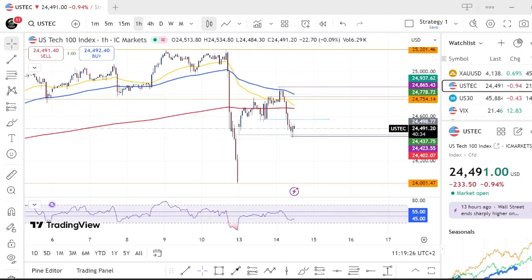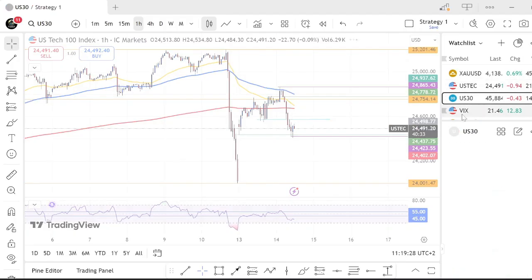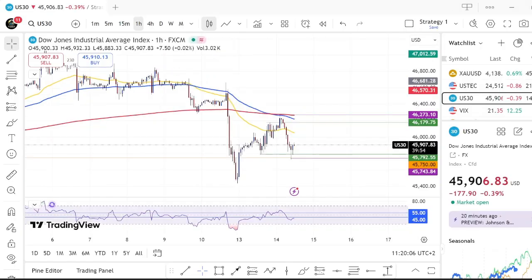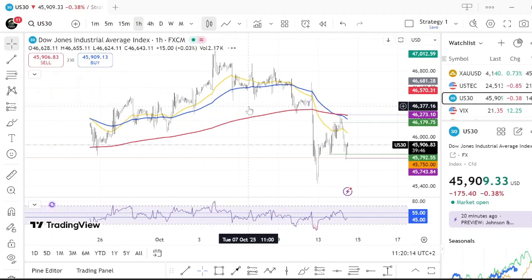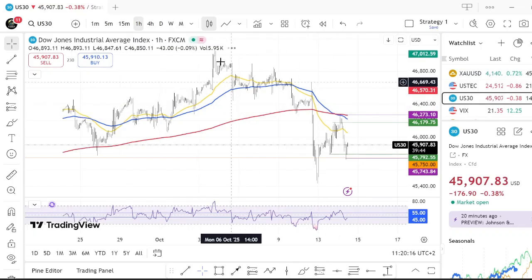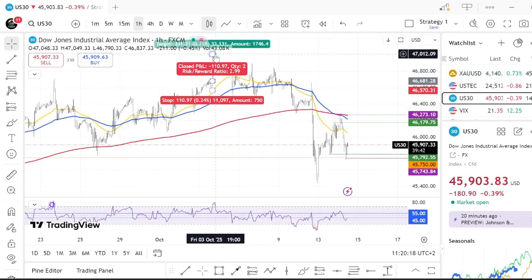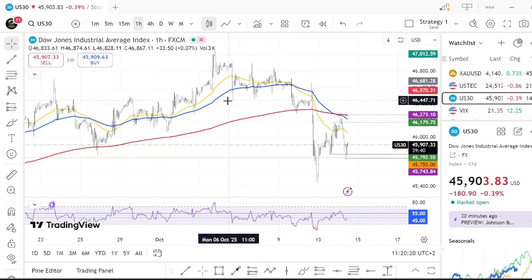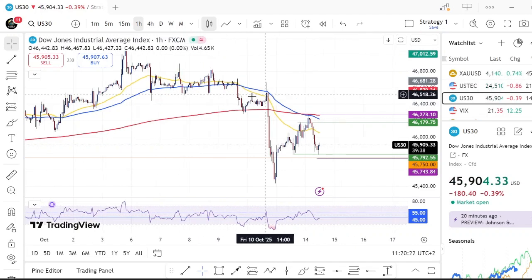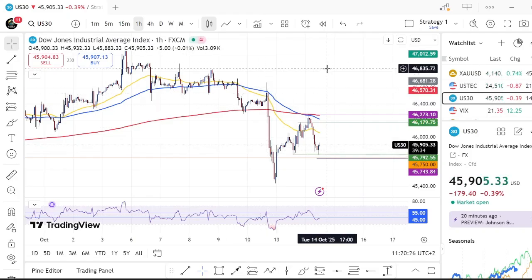Let's move on to US30. US30 currently at 45,906, showing signs of bearish price action structure, which actually started prior to the massive sell-off on Friday. We can see we were creating lower highs, kind of respective lower lows, but it seems to have been muted before that massive move on Friday.